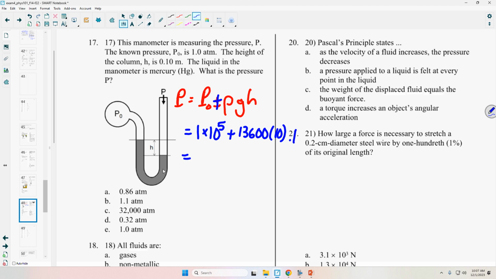And so that gives me 1.136 times 10 to the 5th, which is just 1.1 atmospheres. I think I asked for it in pascals. Two questions.